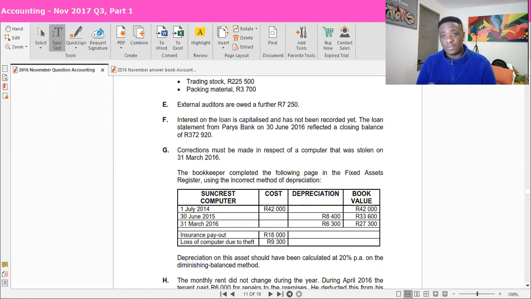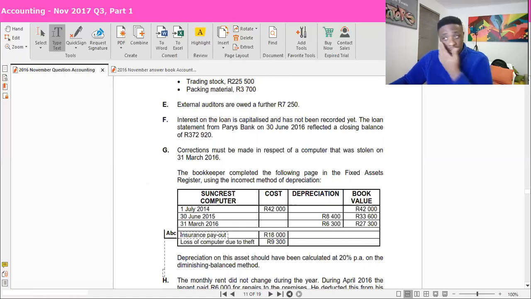And the months that fall outside then would be the April, May, and June, 3 months. And then it means that we need to calculate depreciation for the other 9 months that it was with the business. Cool. And they say here that the bookkeeper completed the following page in the fixed asset register using incorrect depreciation method.